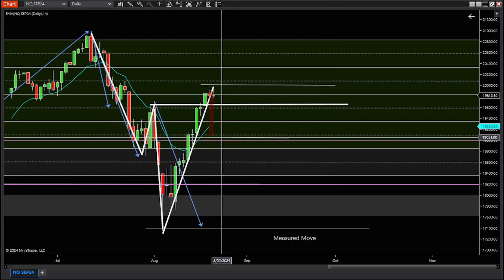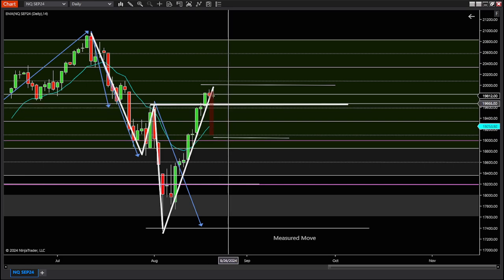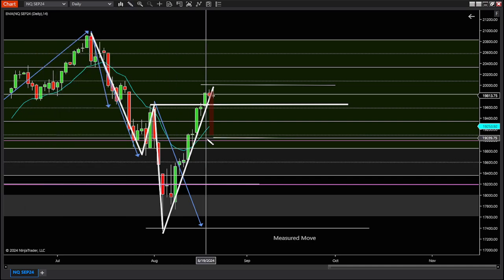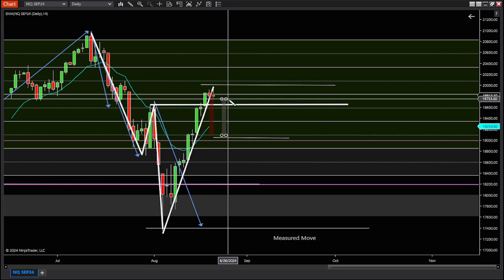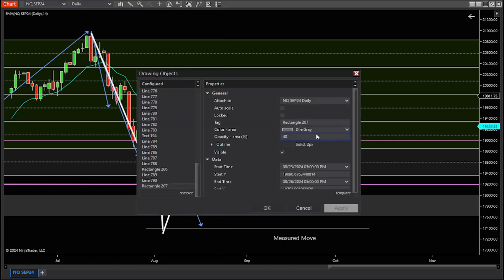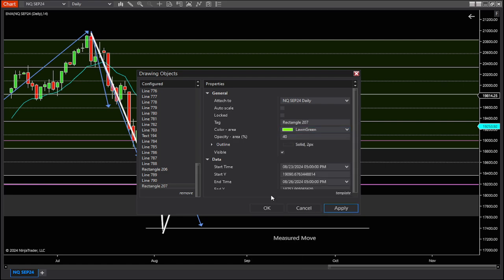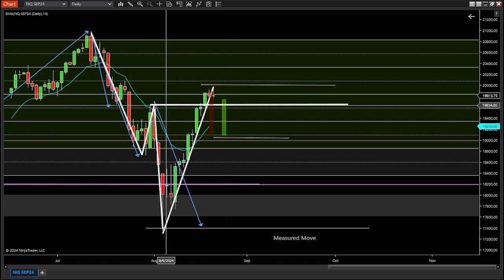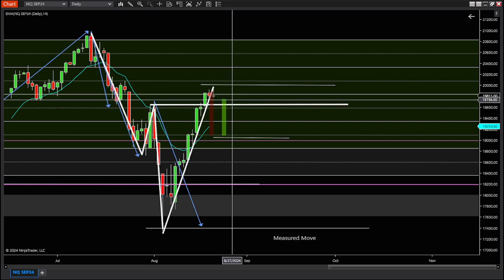And once we get entered in here, right? Once we get entered in, we do not want to see a green candle, or any candle for that matter, closing above here. Once we start seeing a candle closing above the swing, then we got to question, all right, is this setup still valid?